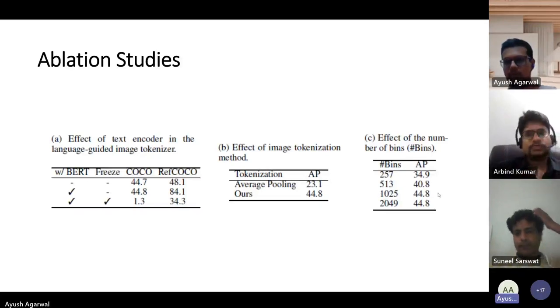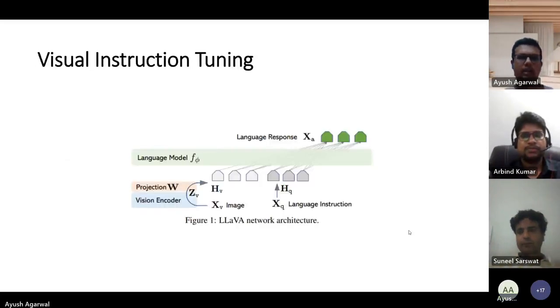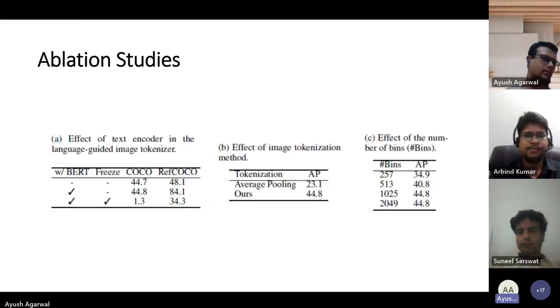So they fixed the number of bins at 1025, taken from minus 512 to plus 512. And with decreasing the number of bins, obviously the performance deteriorates. So this was about this paper.